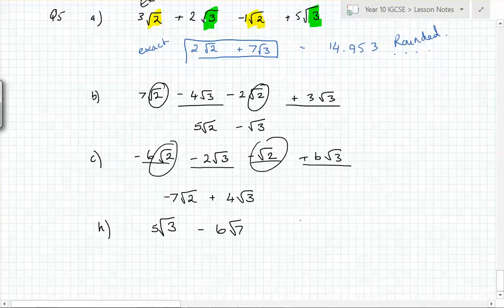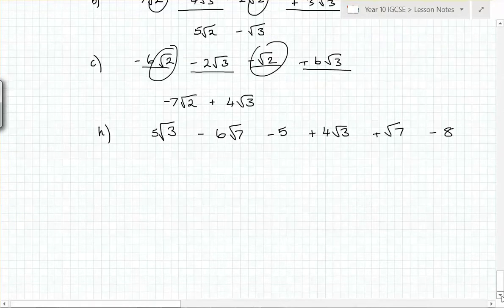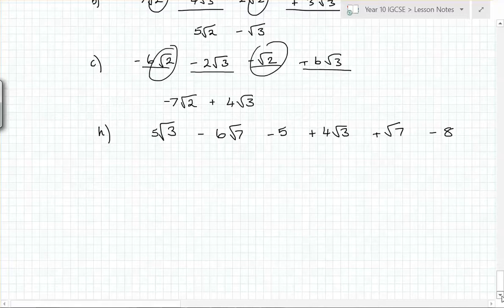What about this one? We've got 5 root 3 minus 6 root 7 minus 5 plus 4 root 3 plus root 7 minus 8. So this kind of answers what you were talking about, Oscar. If I said we're collecting like terms, like means they are ones that can go together.